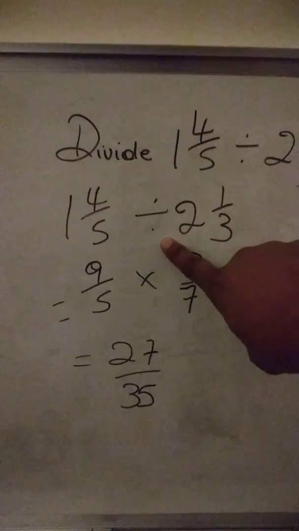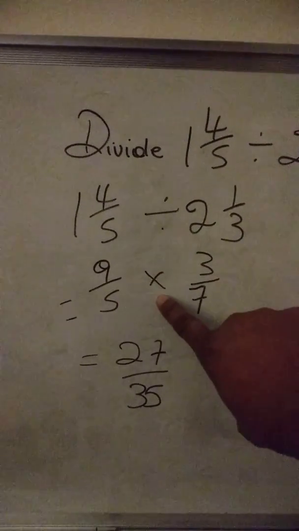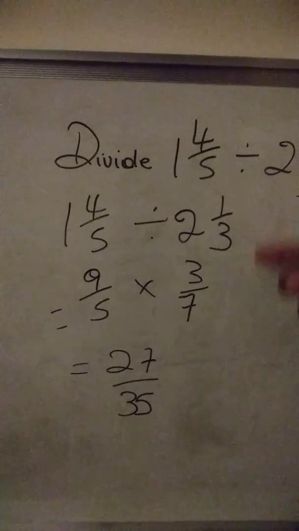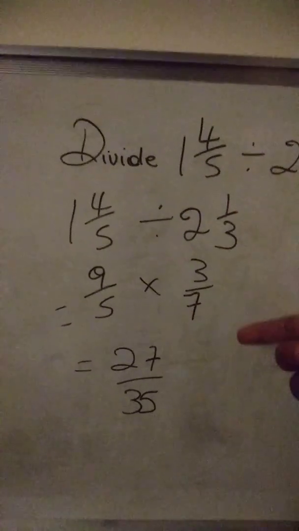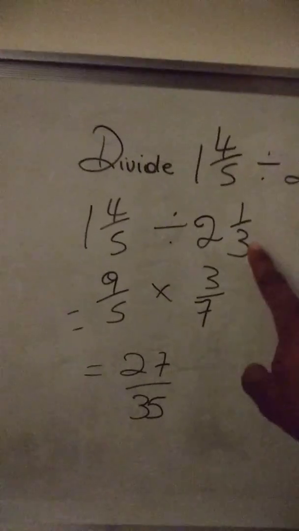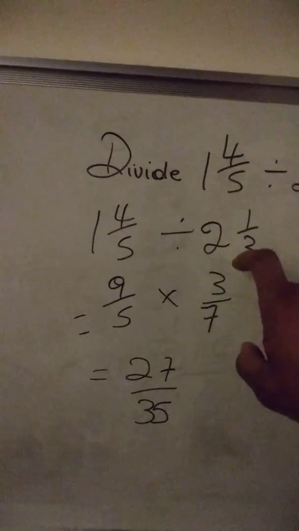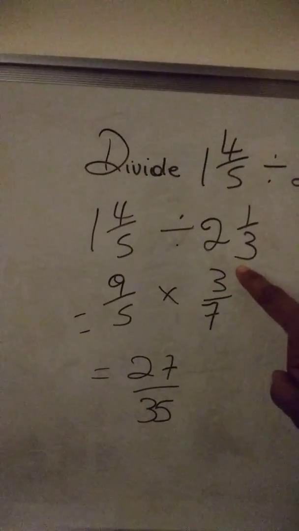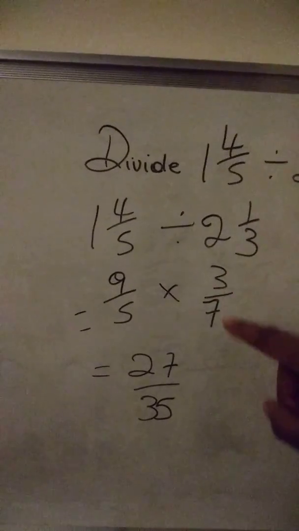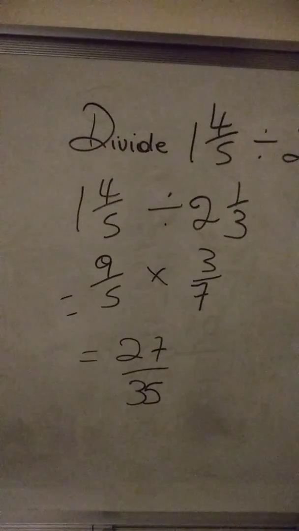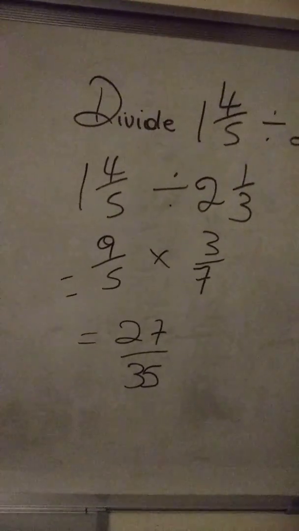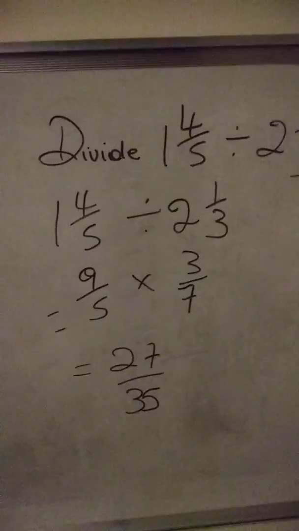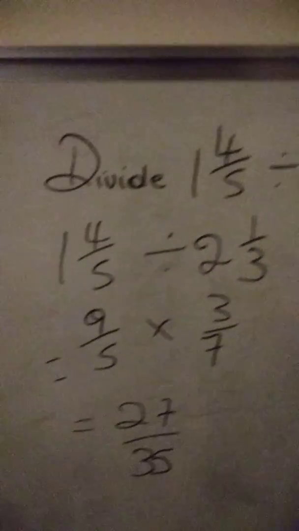Remember, whenever you're dividing, you're going to change the division sign to a multiplication sign, and the number that comes after the division sign will be inverted. So 2 times 3 is 6, and 1 is 7/3.